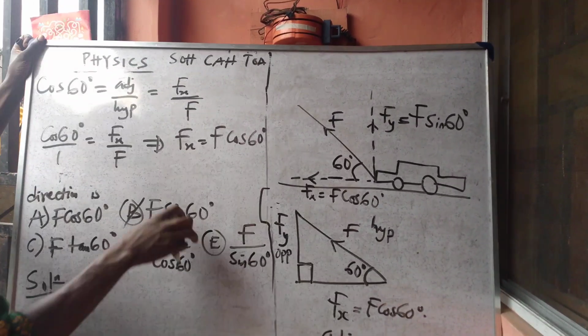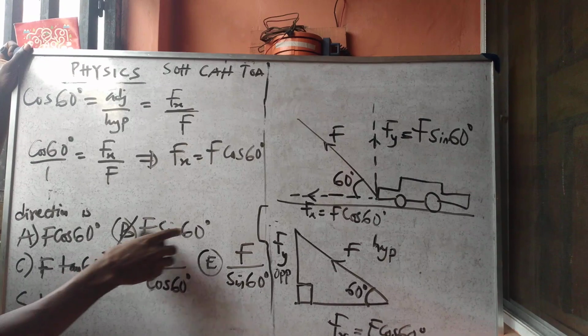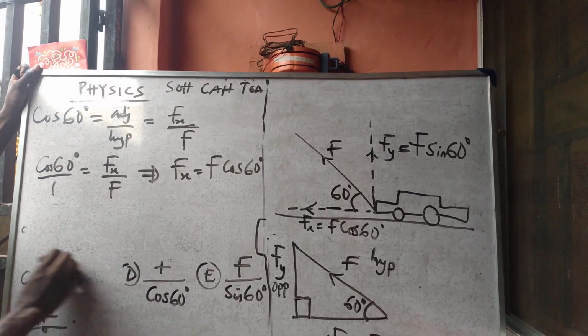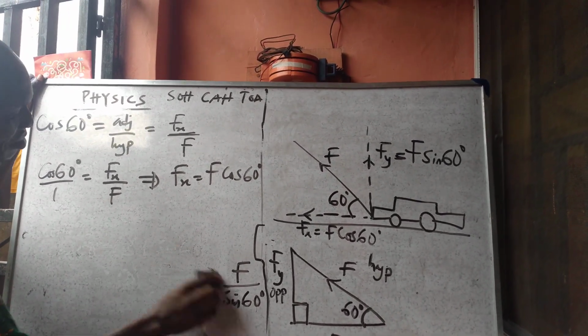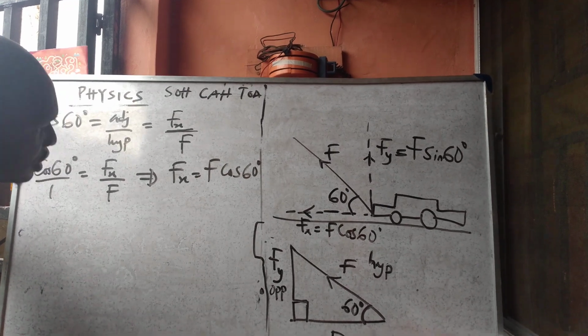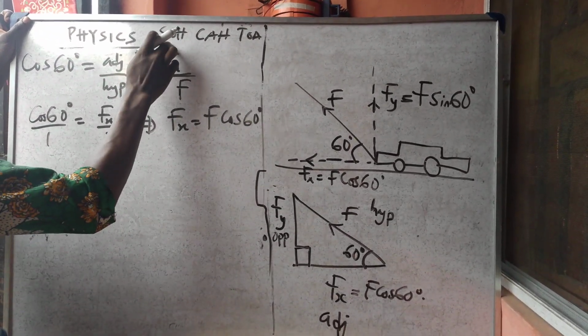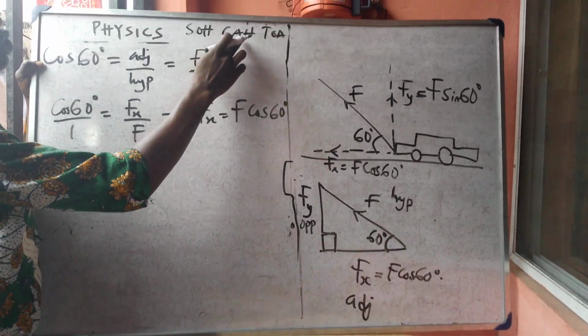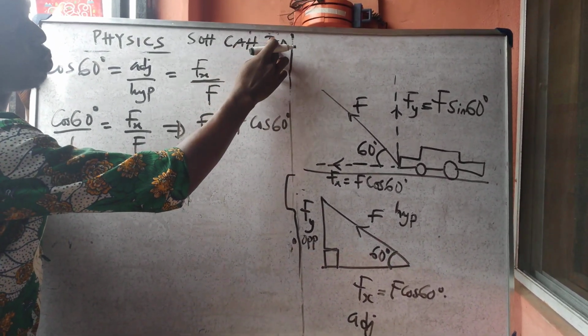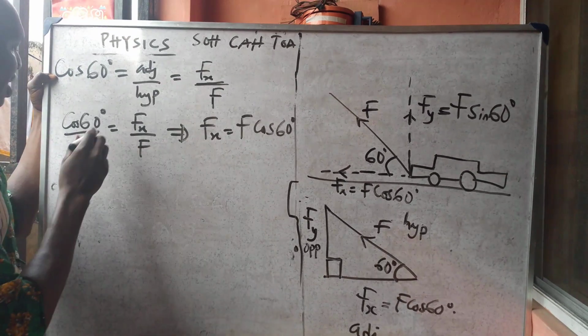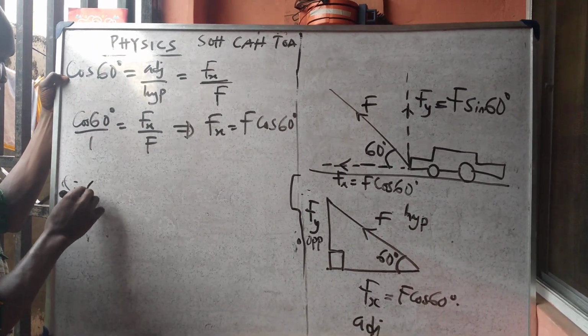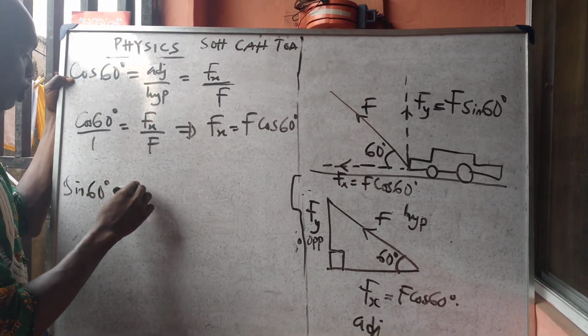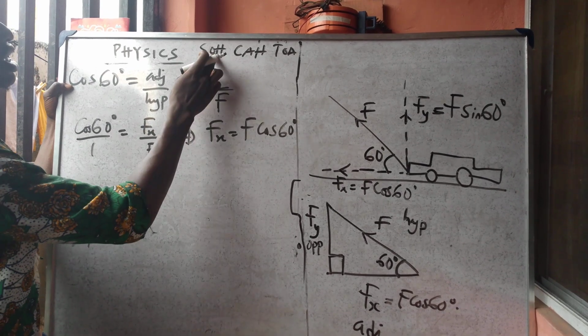Now what will be the vertical component? How do you obtain the vertical component? You use sine. The sine of the angle 60 degrees: sine is opposite over hypotenuse, cosine is adjacent over hypotenuse, while tangent is opposite over adjacent. Now sine 60 degrees will be opposite divided by the hypotenuse.